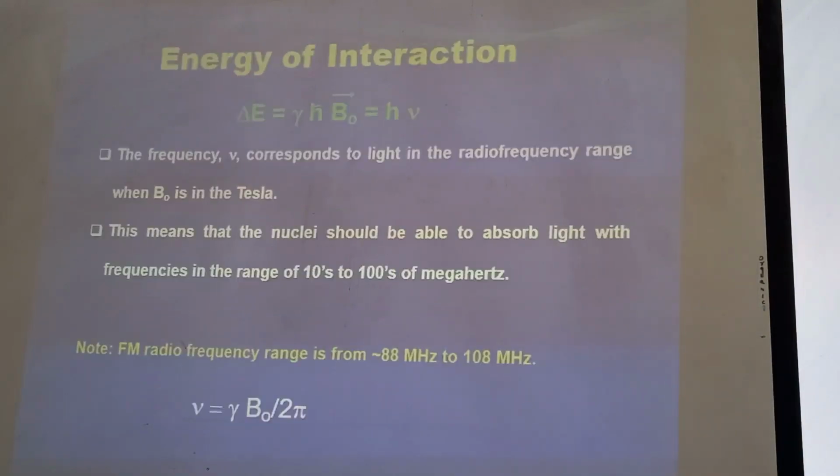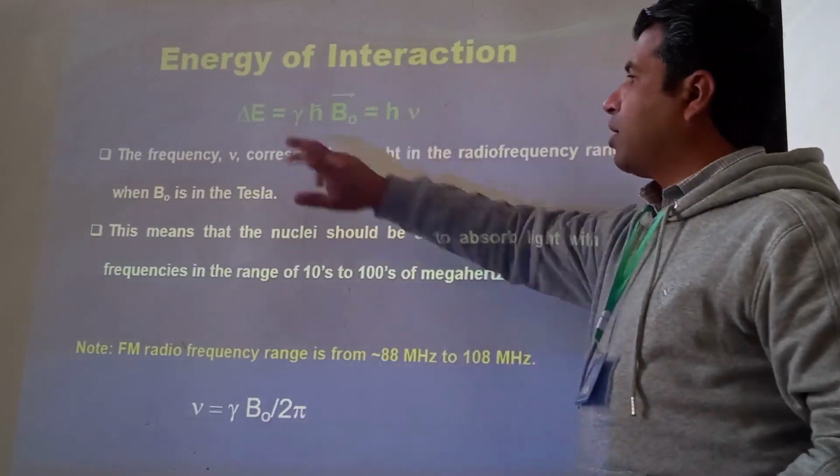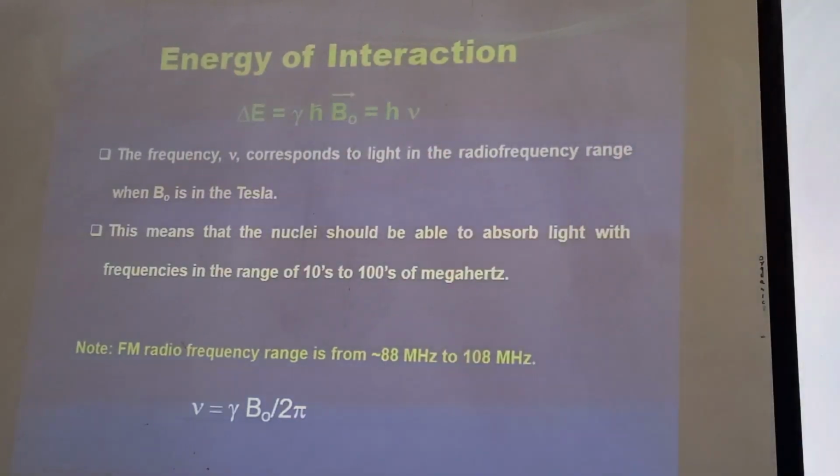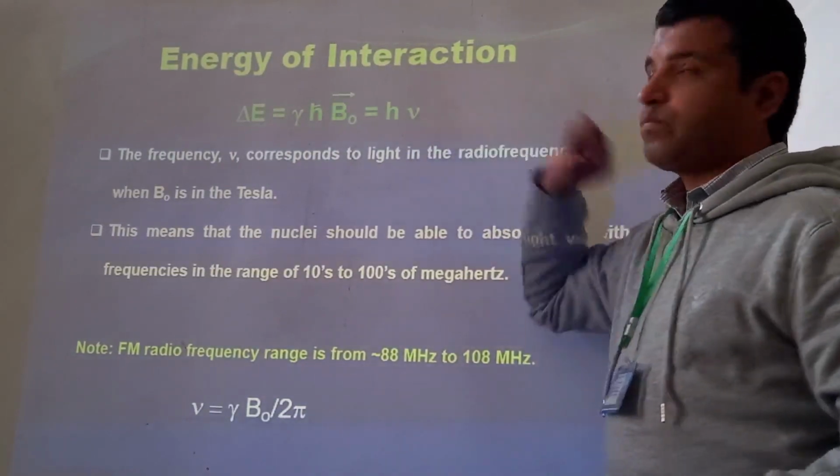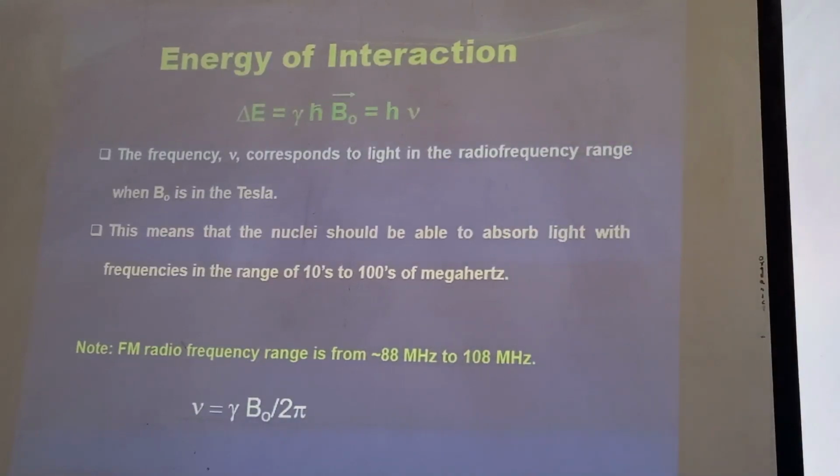So here we have this equation, that is gamma h B naught. This is equal to h mu as well. Now this frequency mu corresponds to light in the radio frequency range when B naught is in Tesla.